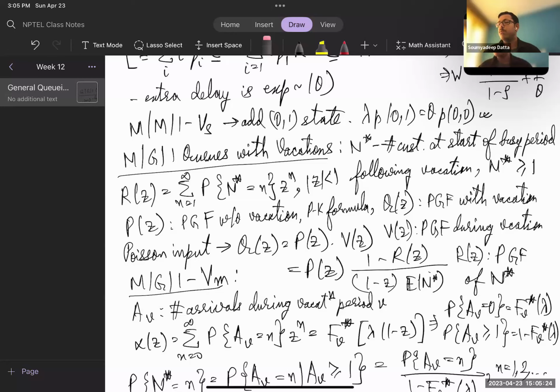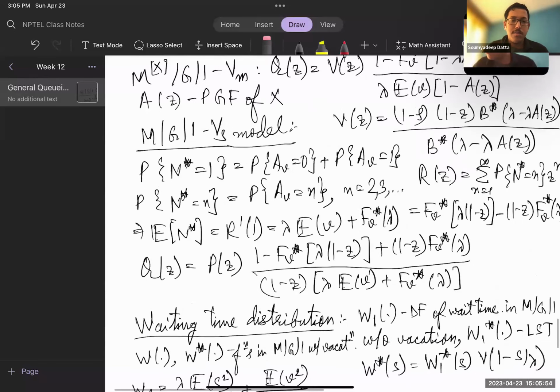So that is queues with vacations, and the lecture has enough details on how to analyze that. I won't repeat the theory. I'll just go directly to solve some problems. But in case you have any doubt and you would like me to go over some part of the theory for you, I'll try my best. Okay.